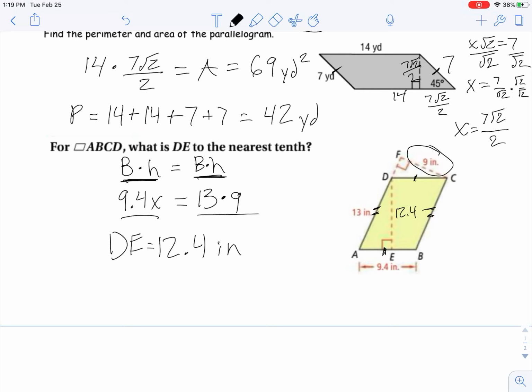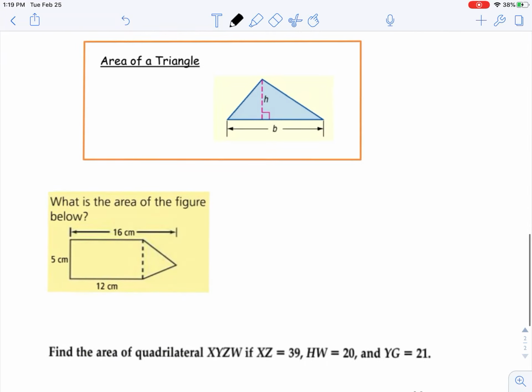There's only two different ones you could pick. And we just set these things equal to each other. We figured out if this was the base, what would the height be? And we set those equal to each other. We were given 3 of them. We needed to find the 4th. And there it was. Maybe a good time to pause now if we have questions.